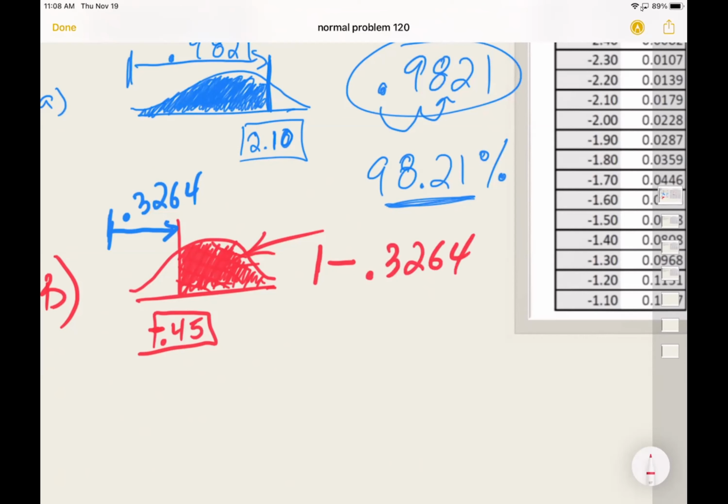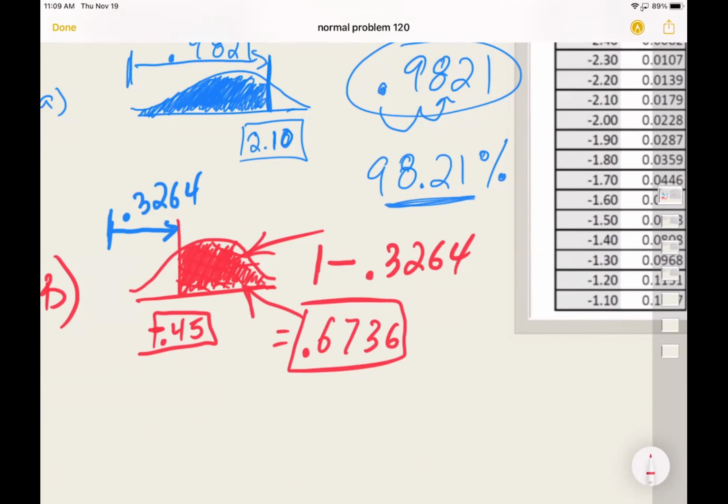And if you take 1 minus 0.3264, you can see that the area to the right is 0.6736.